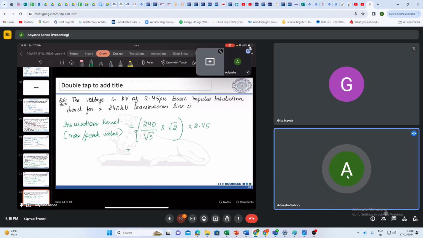So we get 240 divided by root 3, which is going to give us 480.09, or we can say it as 1 kV.